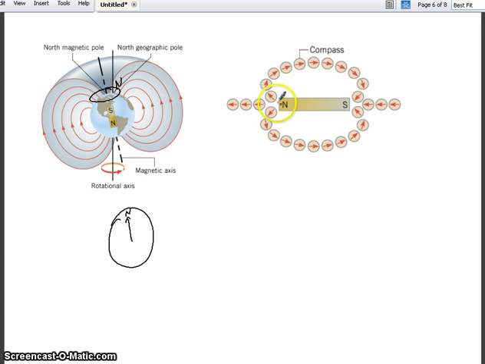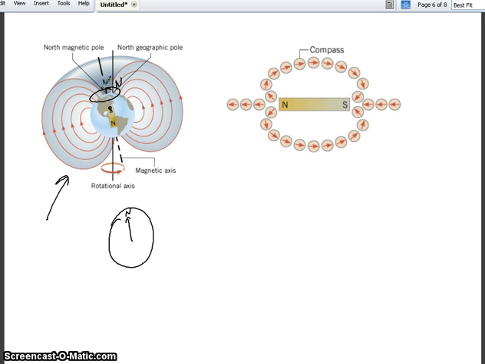So a compass is always going to point to the south pole of a magnet. As many of you know, Earth is a giant magnet. Earth is the biggest magnet we can think of. And because Earth is a giant magnet, the magnetic south is the same as the geographic north.